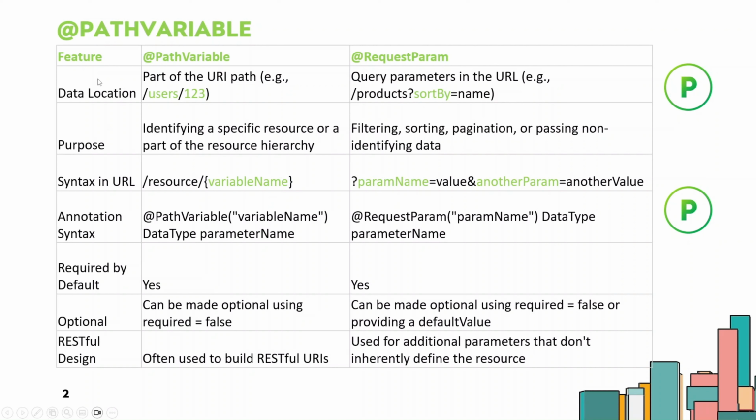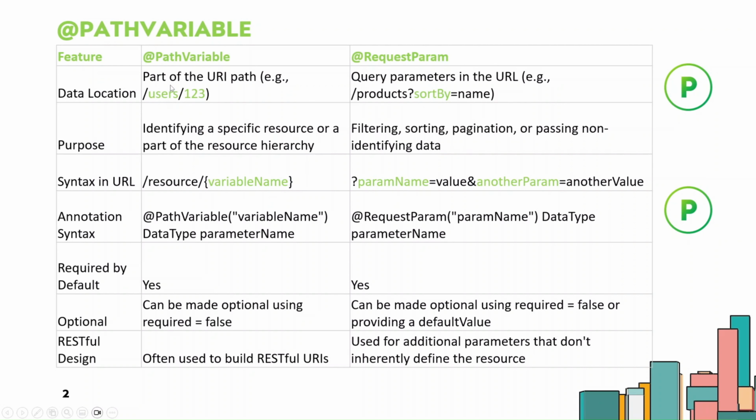I have created a table with a few features and how path variable and request param are used for each feature. If you look at data location, where do we use path variable? We use it in a URL or URI, where every forward slash is a resource.